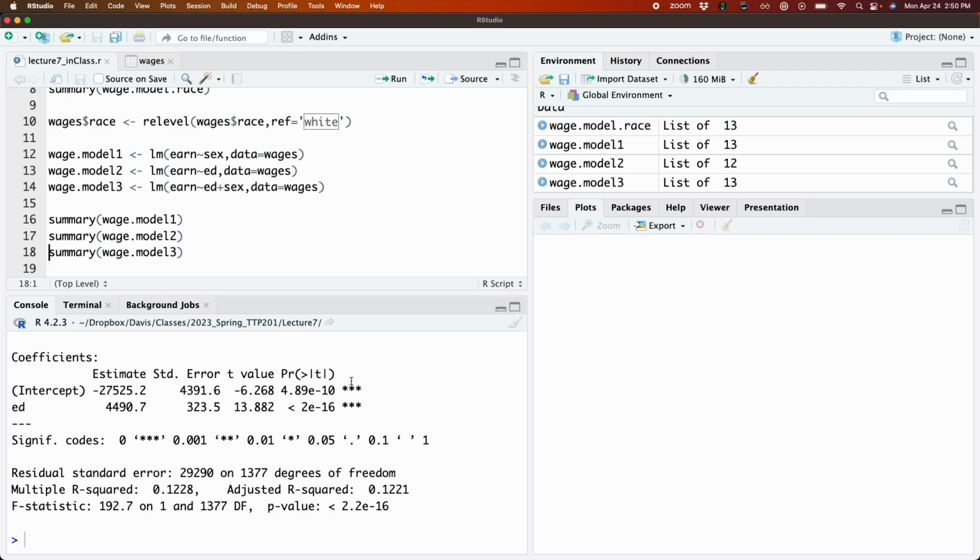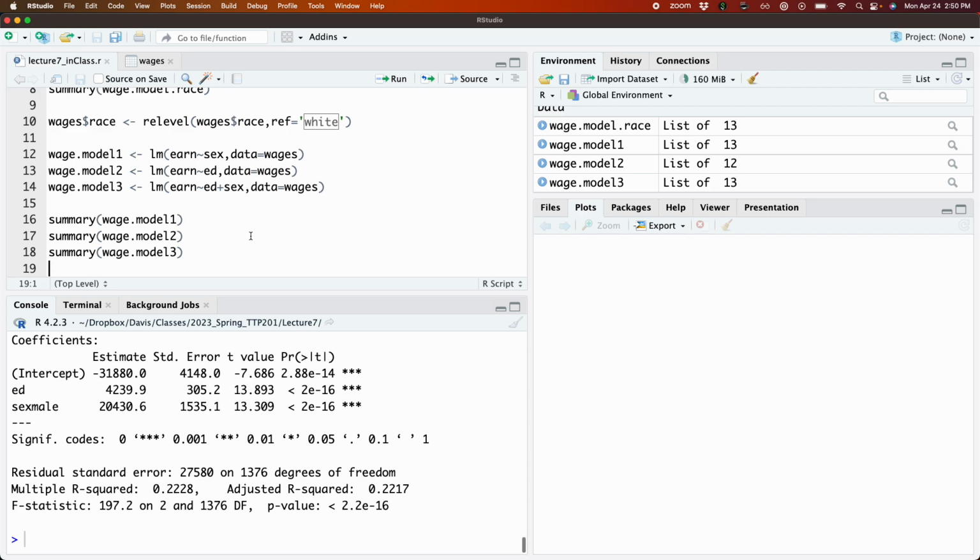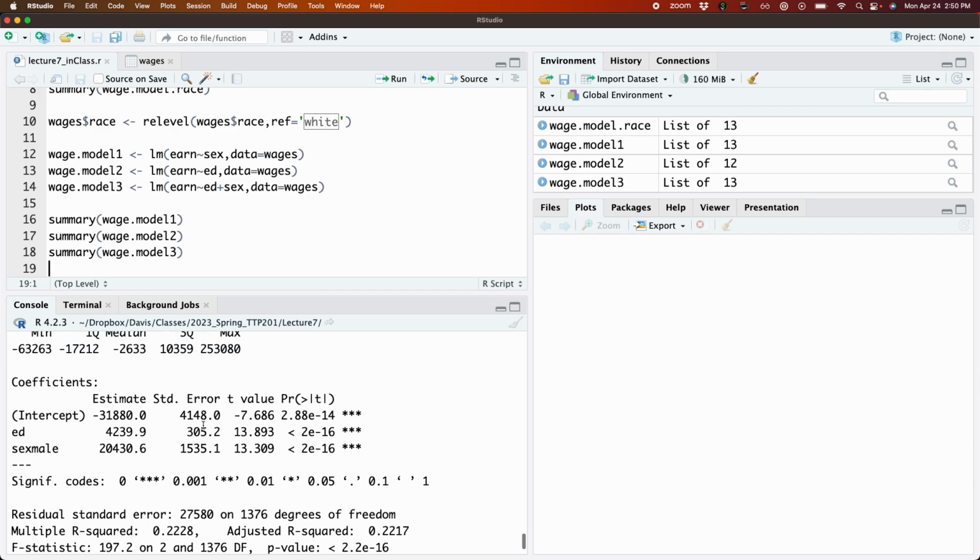Okay, and now model 3, we are combining both the education and sex to look at our response variable of earnings. And if I run this regression, okay.